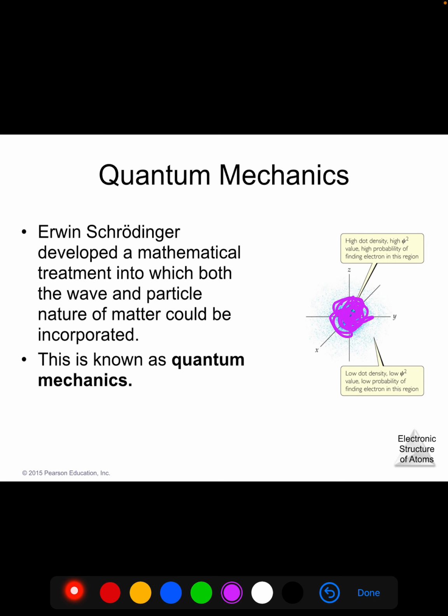We use quantum mechanics to describe the relationship between motion of electrons and atoms and their energies. And there is a wave-particle duality that de Broglie was describing.